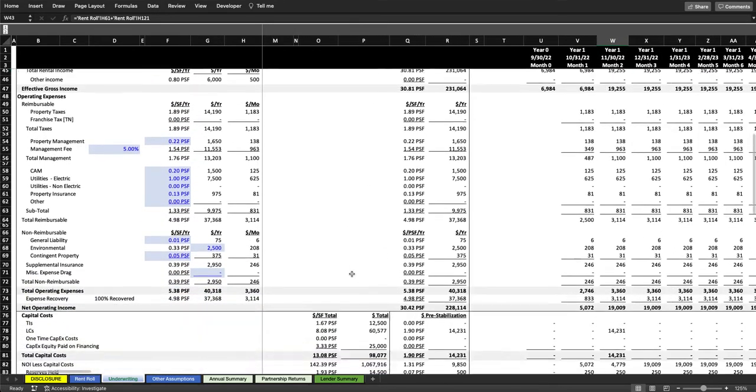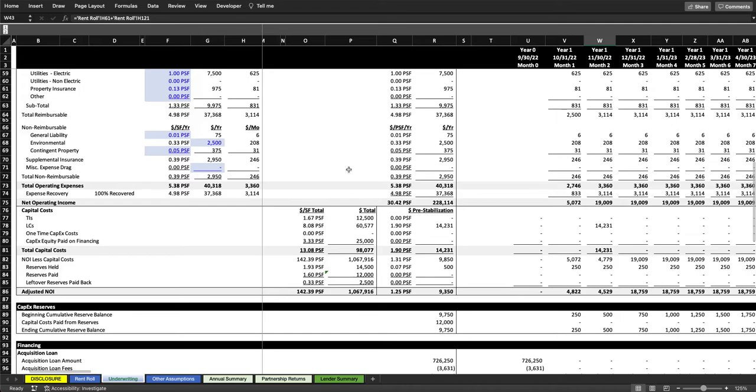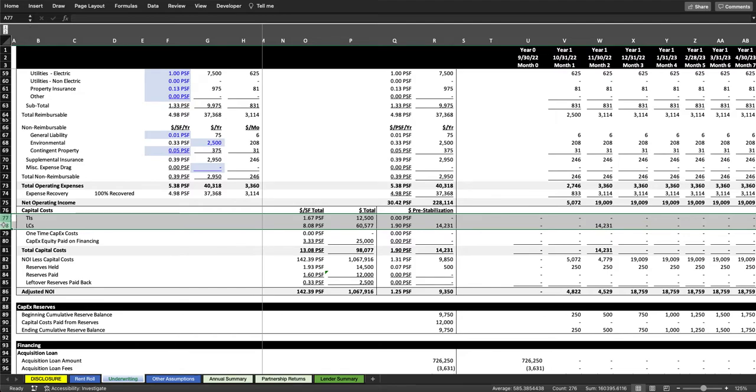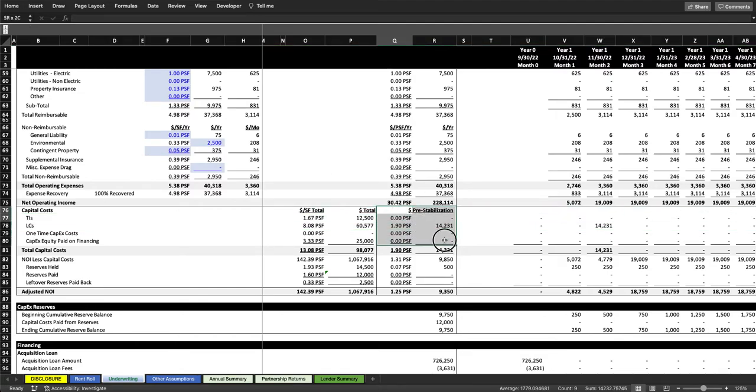So after the operating statement, then you have the capital cost section. Now the capital cost section, this is where you're going to see the tenant improvements and the leasing commissions play out. So this is everything you're paying pre-stabilization. So that $14,231 for the leasing commissions for that tenant B that we said, that's going to be factored in pre-stabilization.